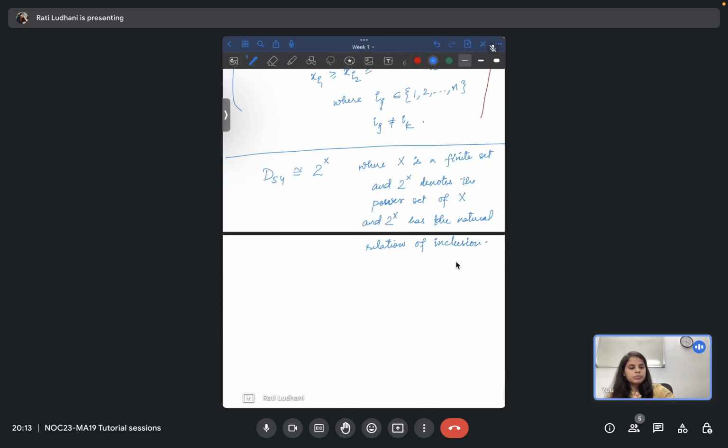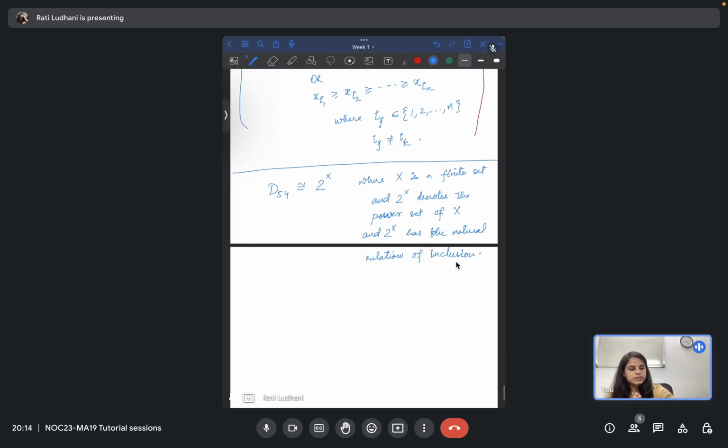You know that in a power set, if X has cardinality n, then how many elements should be there in the power set? 2 to the power n.